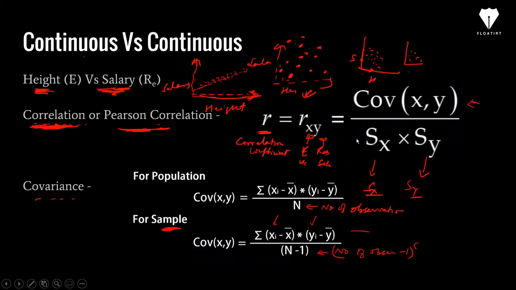So the formula is covariance divided by the standard deviation of x times the standard deviation of y.